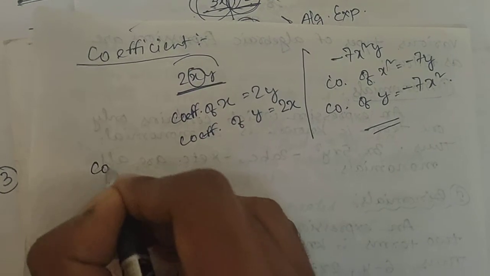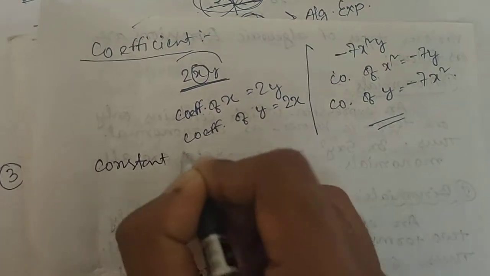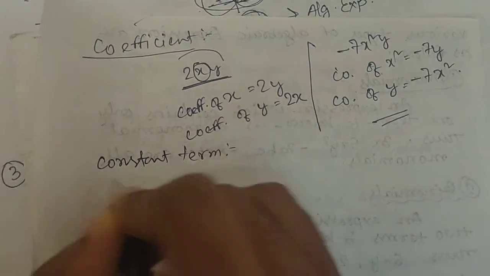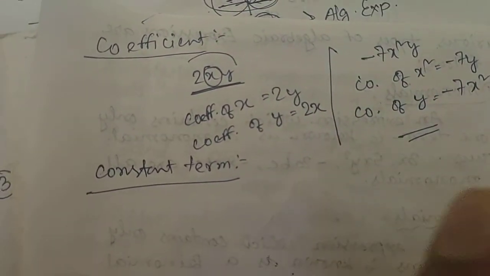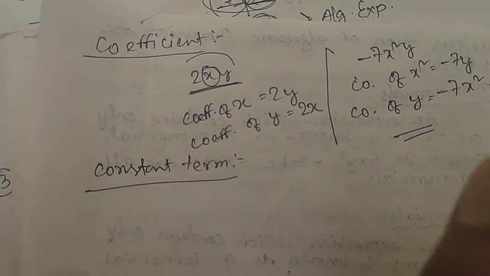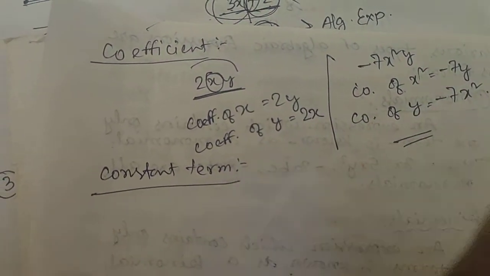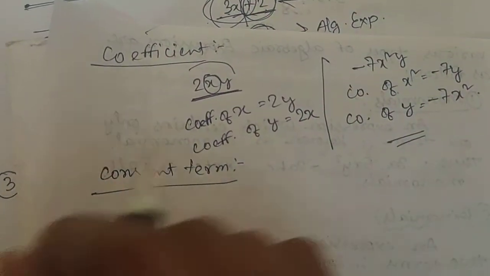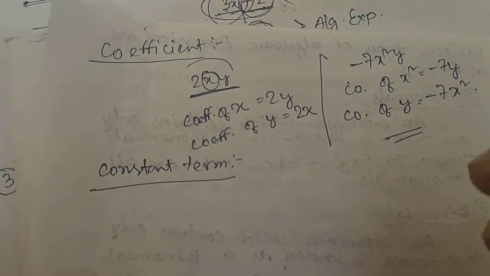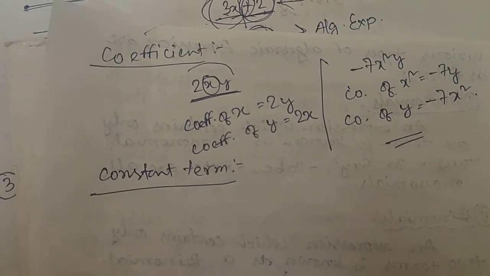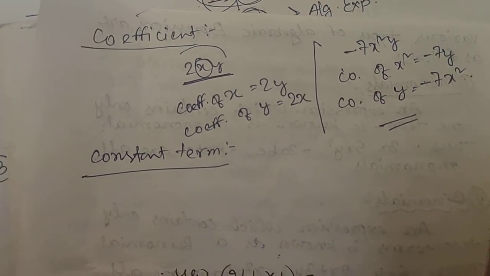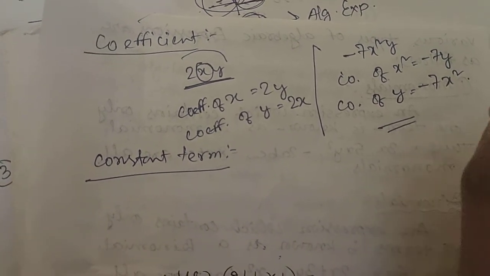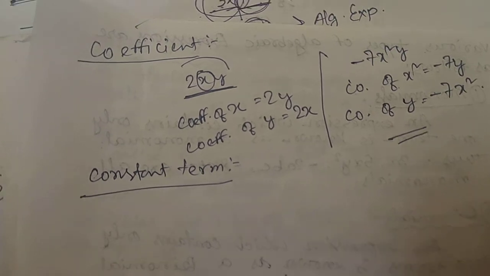And one thing also, constant term. What is the meaning of constant term? The term that doesn't have any variable, doesn't have any literal number. You can say that doesn't have at least one letter, is called constant term.